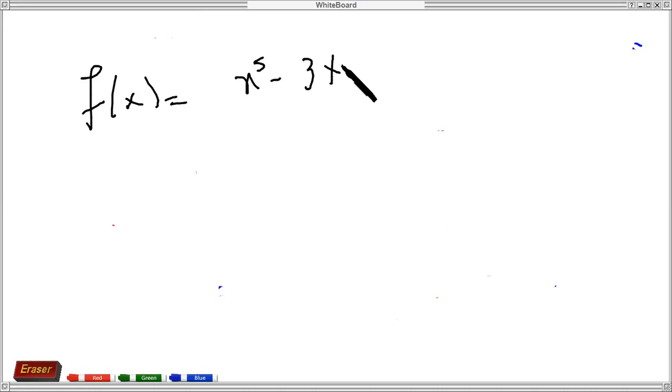Select one number and check the function. f of x is equal to x power 5 minus 3x power 3 plus 7. Is this one even or odd?